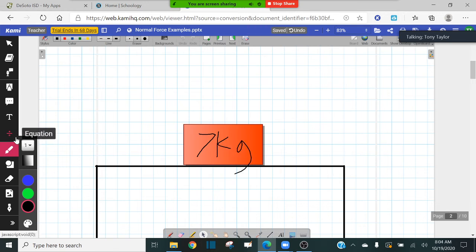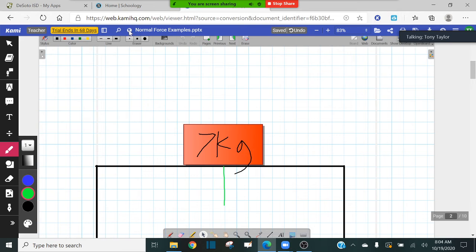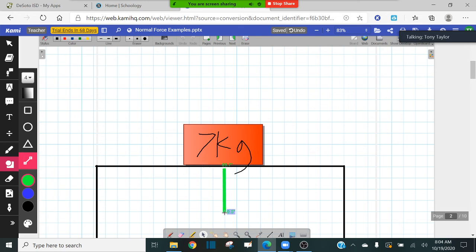The question is, how many forces are acting on this block, and what are the magnitudes of those forces? We know for a fact that there's clearly gravity acting on the block, so let me draw the force of gravity.